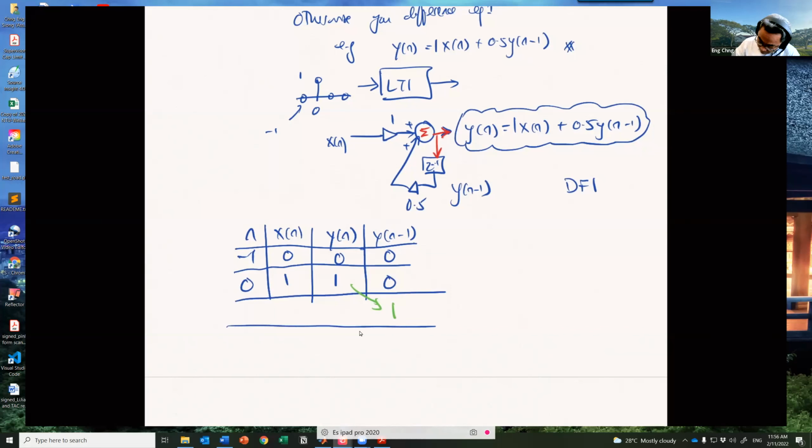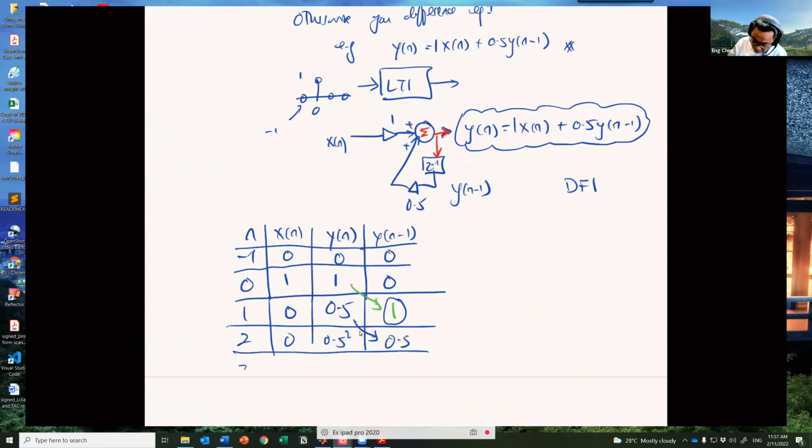Now the input is 0. What's my output? My output is 1, this 1 times 0.5. Now let's try again, 2, 0. So this guy is shifting. So it's now 0.5 squared.